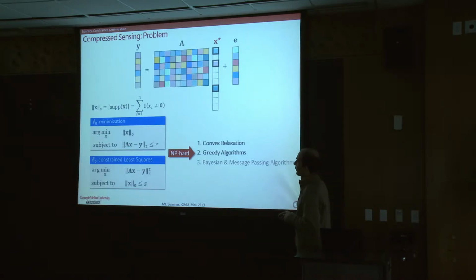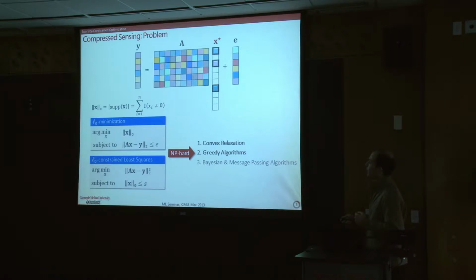The ideal choice for solving this estimation problem is to use the so-called L0 minimization or L0 constrained least squares algorithm, where the L0 norm counts the number of non-zeros in the vector that you want to estimate.